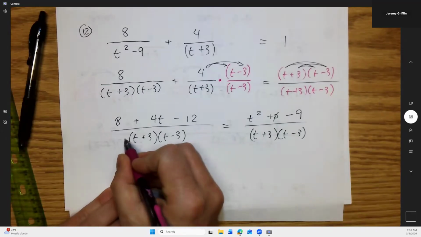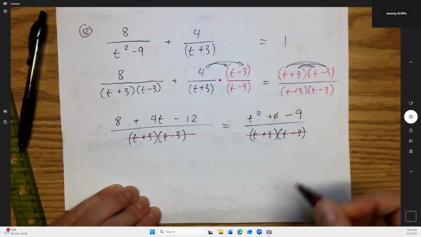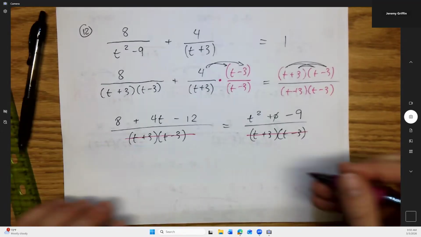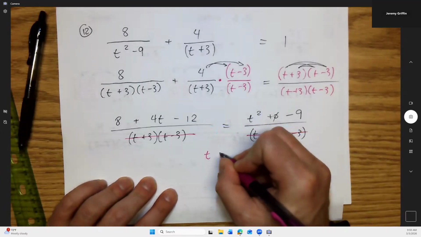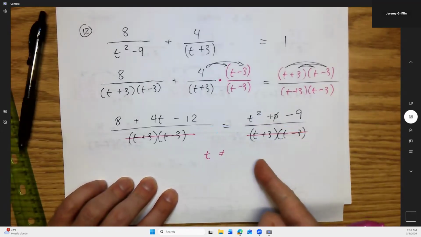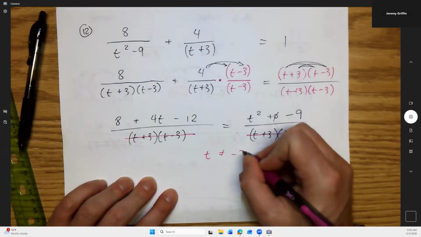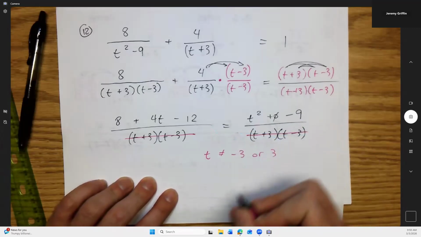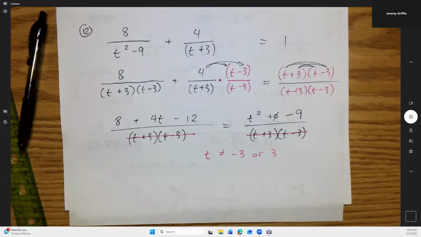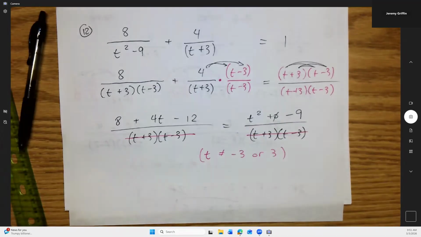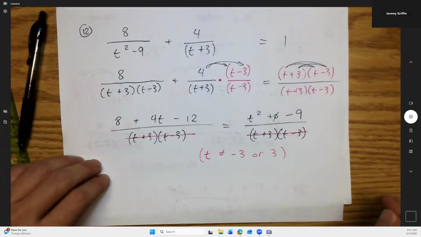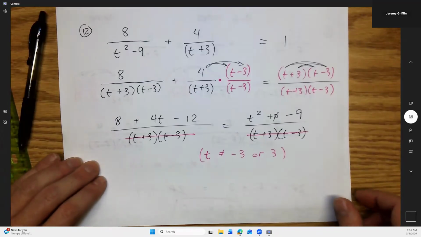I'm going to strike the denominators, and the numerators must be equal to each other. But also keep this caveat in the back of my mind that t is not allowed to equal what? 3 or -3. Yeah, it can't be anything that would make the denominator equal to 0. So just in case I get a final answer where one of those shows up, that would be extraneous, like if t equals 3. Can't do that. All right, so you guys got that?